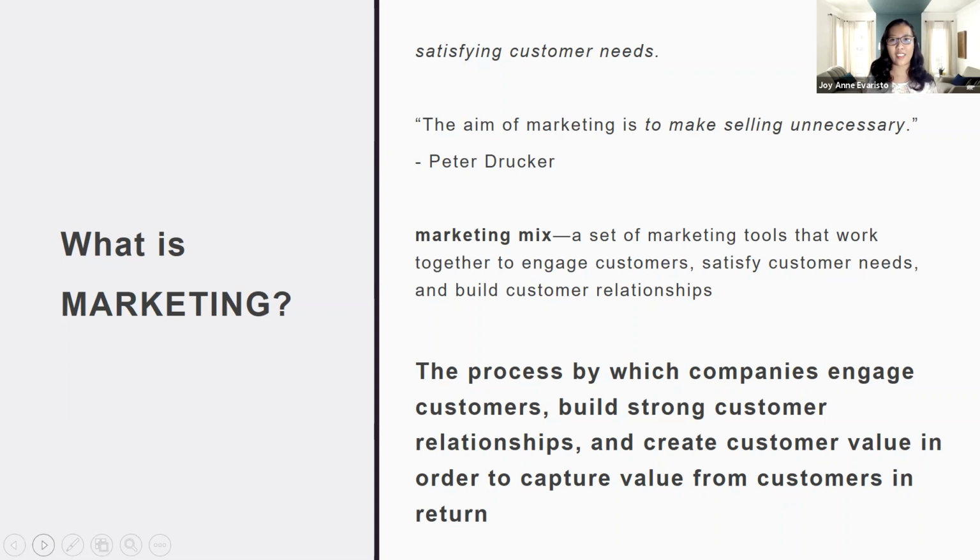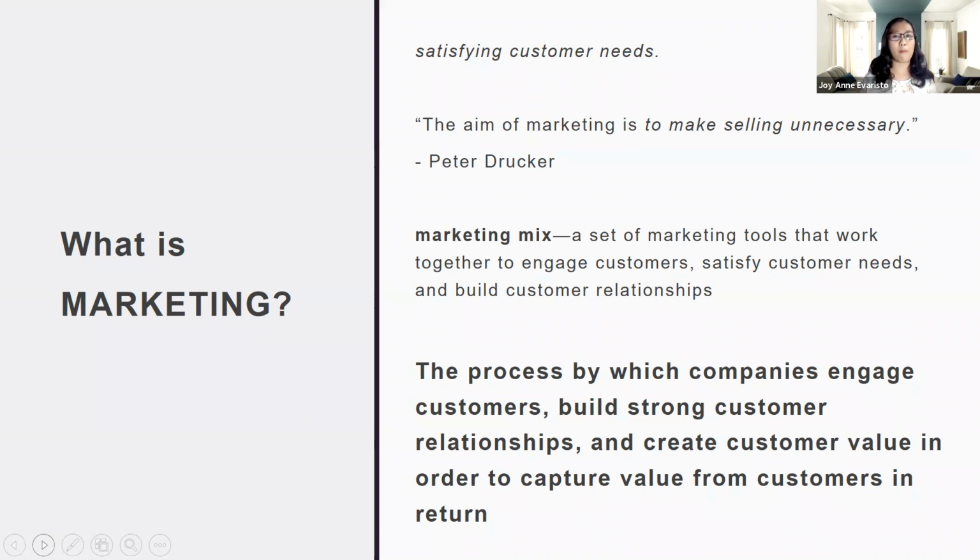You can create products, market offerings, and experiences that can satisfy their needs and wants. Then you can easily engage them in a promotion and build customer relationships with them. Therefore, it is easier for you to manage your marketing tools because you know your customers pretty well.